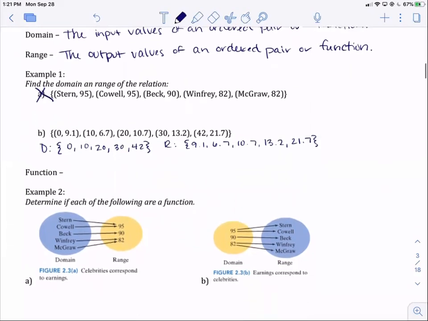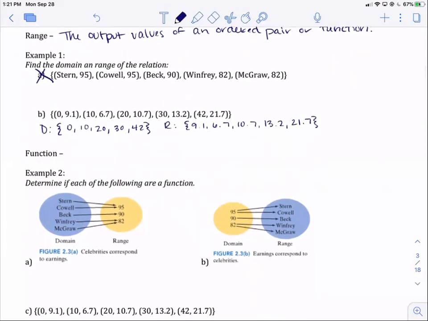A function is any relation in which no input value is repeated. So we don't want two x's with different y values.